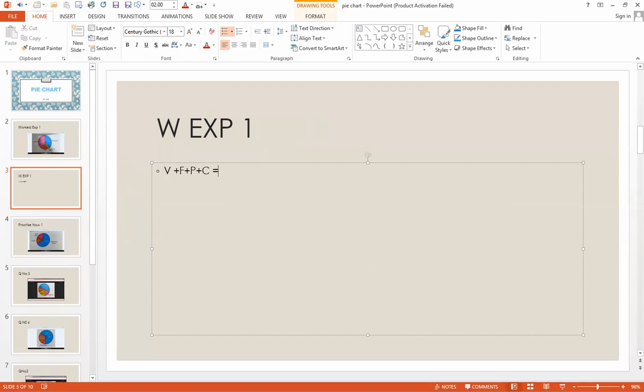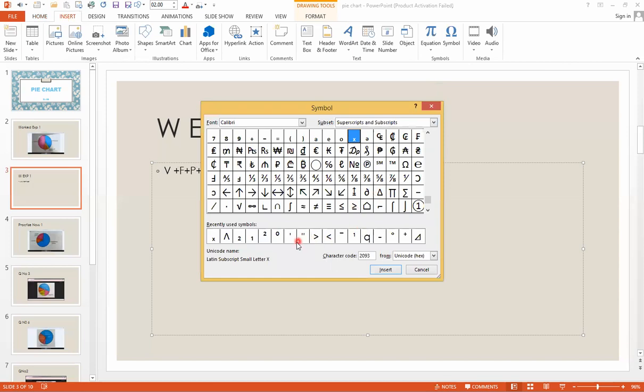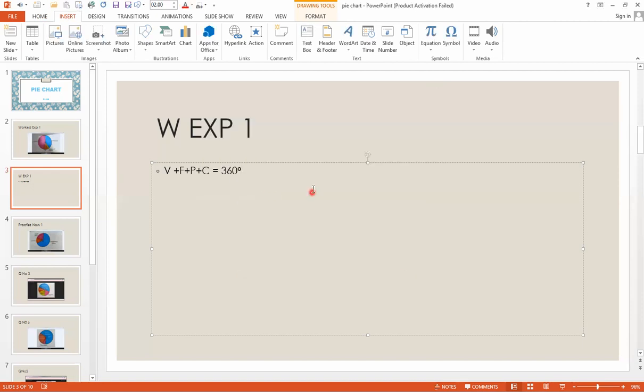Because its value is already given. First, I write all the values which are related to x. So here I write 360 degree, and all these are equal to 360 degree.